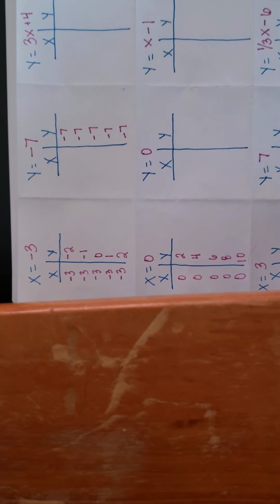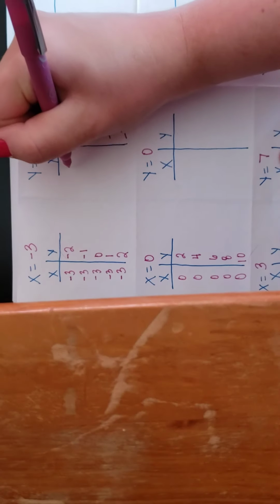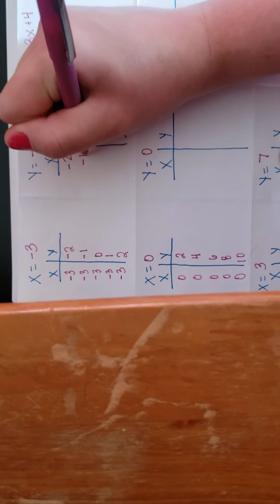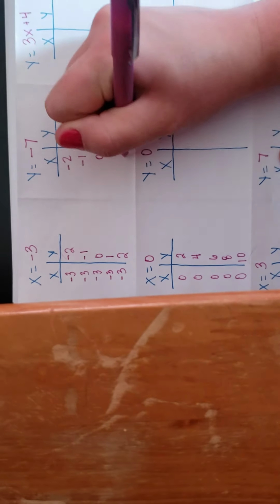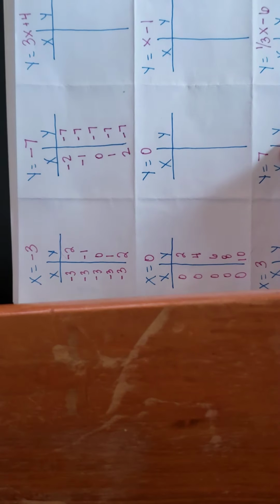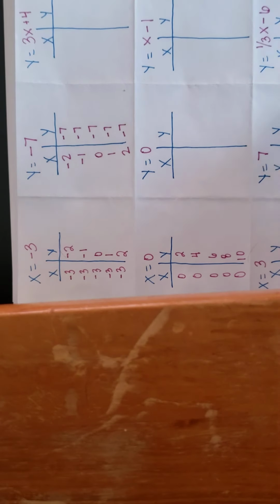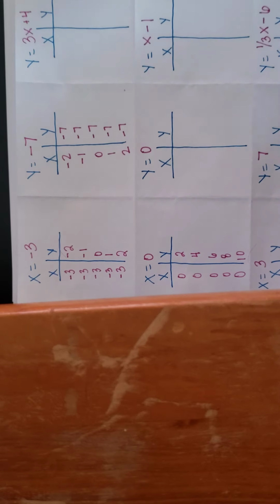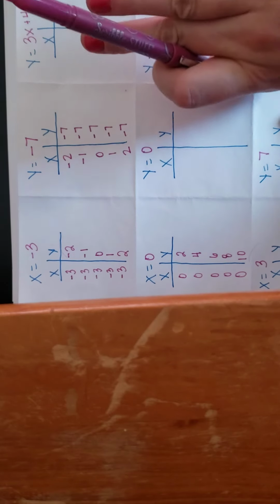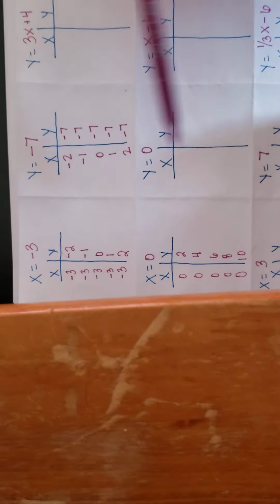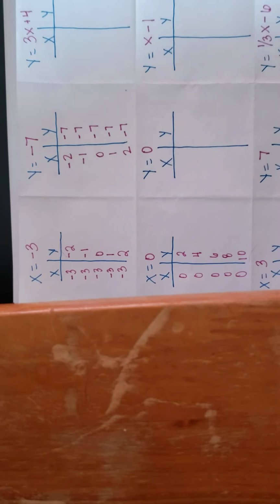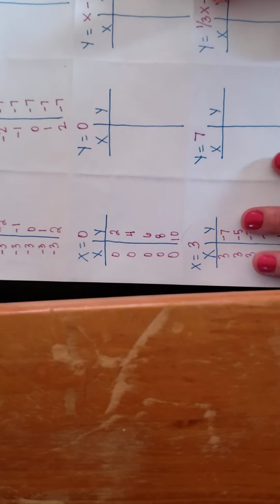I usually, on XY tables, make my x values -2, -1, 0, 1, and 2. And that's because it shows you both sides of the y-axis. So it shows you a little bit to the left, it shows you the y-intercept, and it shows you a little bit to the right, which will make more sense when we get to the tables in columns 3 and 4, because these ones, it doesn't really matter since it's going to be a flat line.